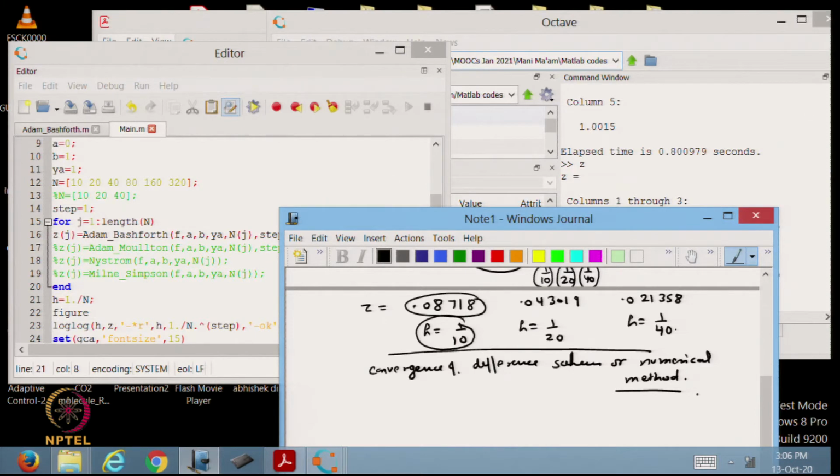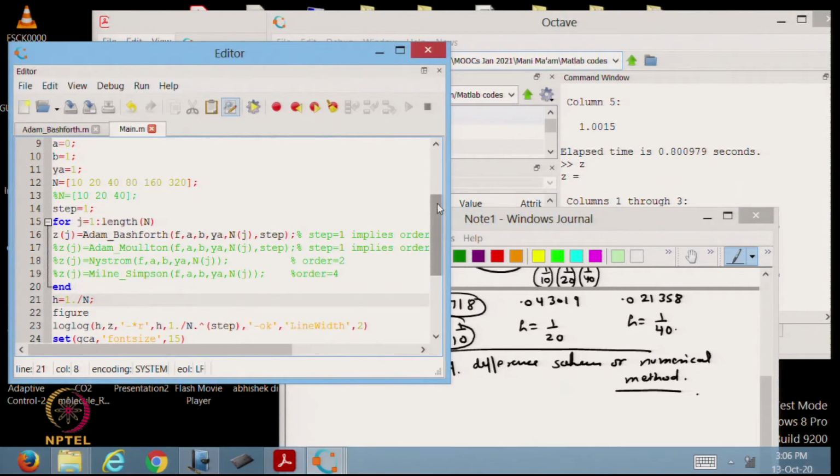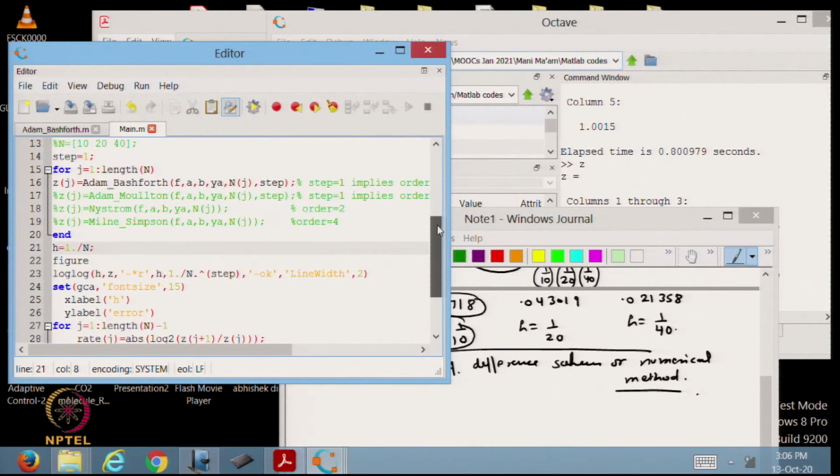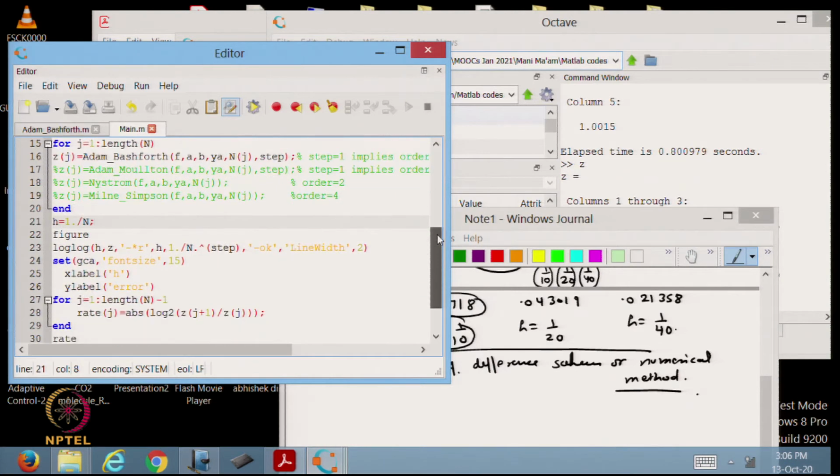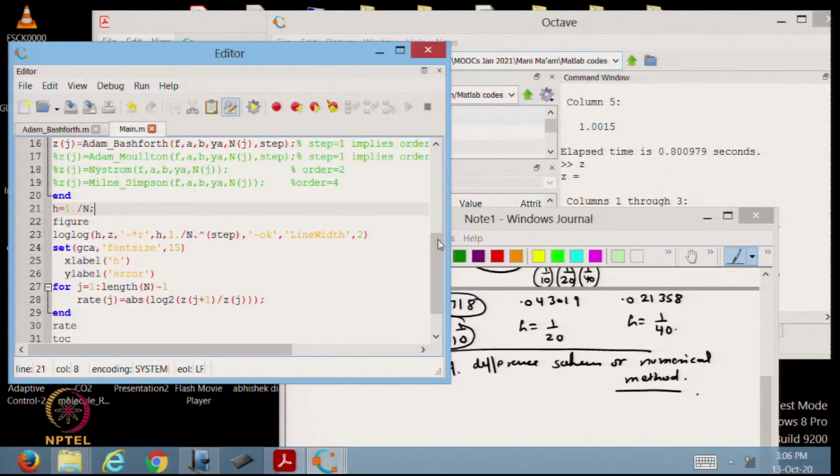That is what we have done with the help of the following examples. And further, if we want to compute the rate also, these are just some commands I have given to put the x label and y label in the figure, and then finally with the help of a loop we have also computed the rate, which you can observe from here.